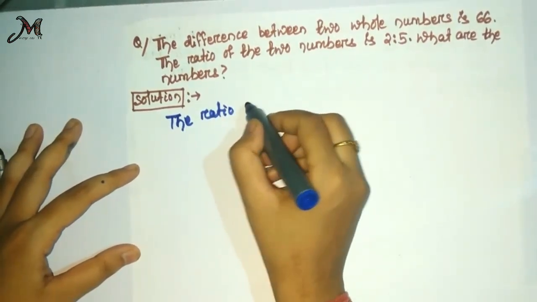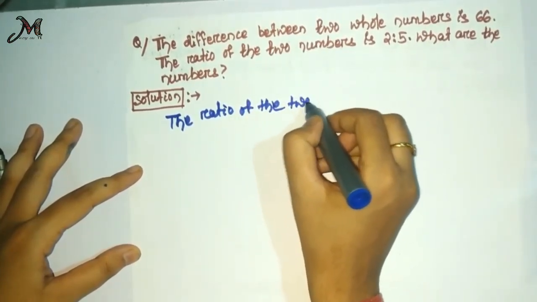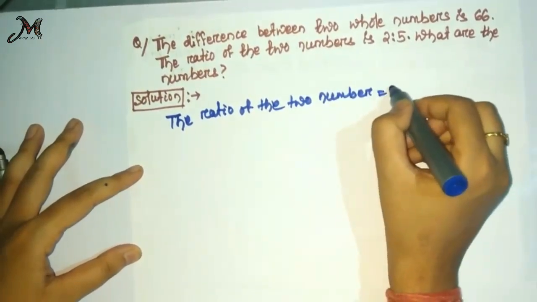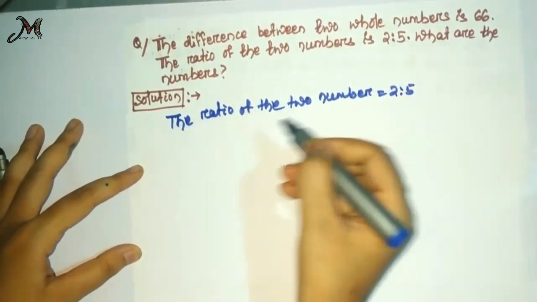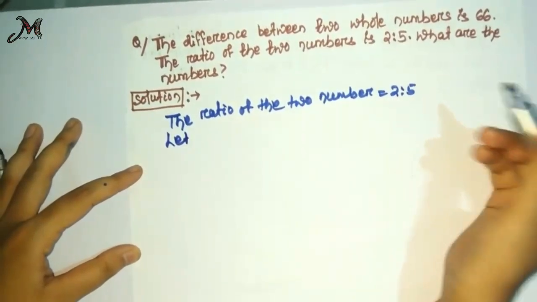So we can write the ratio of the two numbers is equal to 2:5. We can take one number as 2x, the other will be 5x.